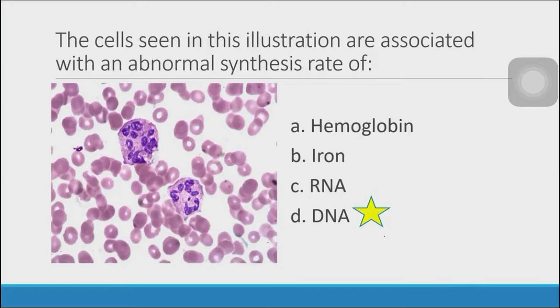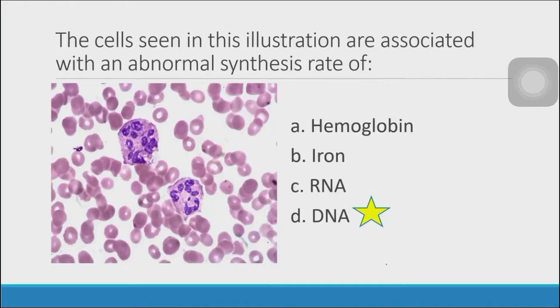For hemoglobin, what inclusions or cells can we see? We can see Heinz body inclusions, and also punctate basophilia. If you remember, punctate basophilia is seen in lead poisoning or lead porphyria, and lead porphyria is categorized as abnormal synthesis of hemoglobin, specifically the heme portion.